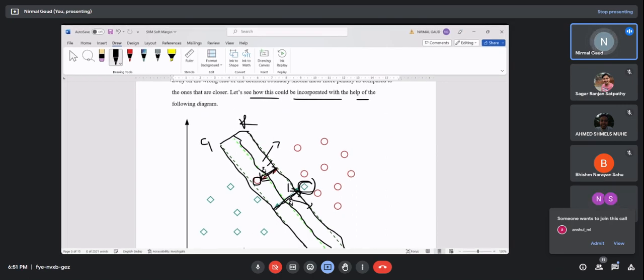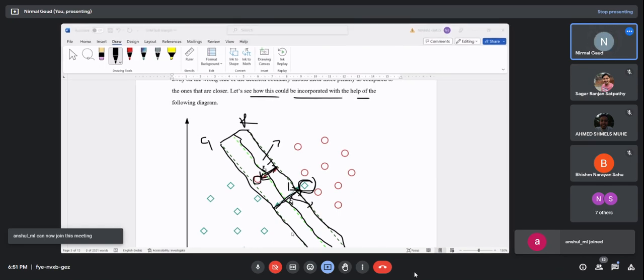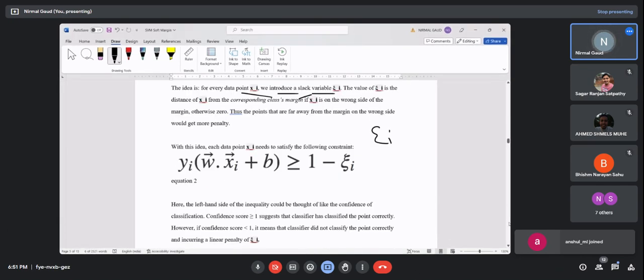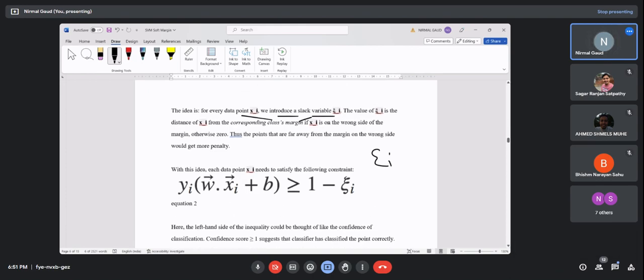Accordingly, I need to take care of these class margins. Thus, the points that are far away from the margin on the wrong side would get more penalty. As much as the distance, that much penalty you have to apply.